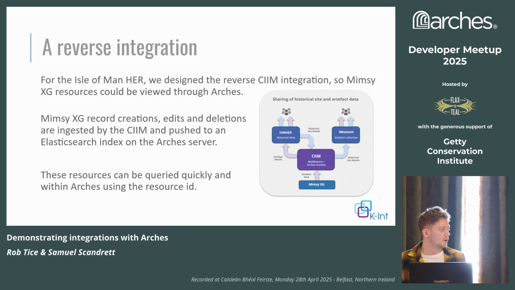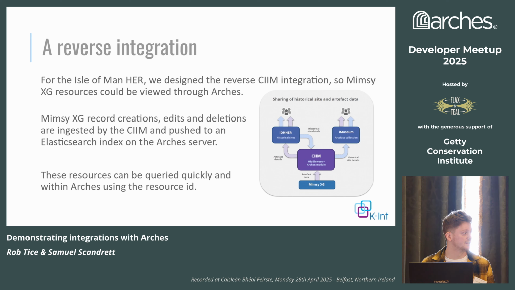So this all works nicely until the Isle of Man were interested in getting their Mimsy data viewable in Arches, which seemed pretty cool. Mimsy worked the same as Arches, really, working with the sim. Its record creations and everything were ingested by the sim.